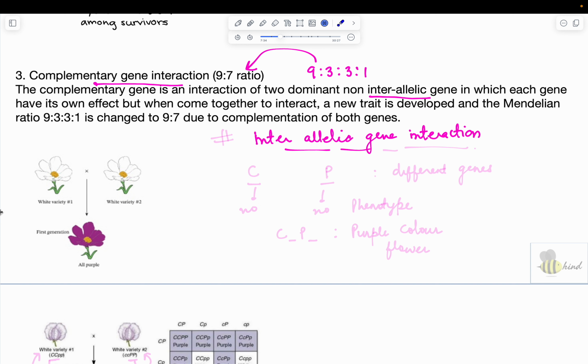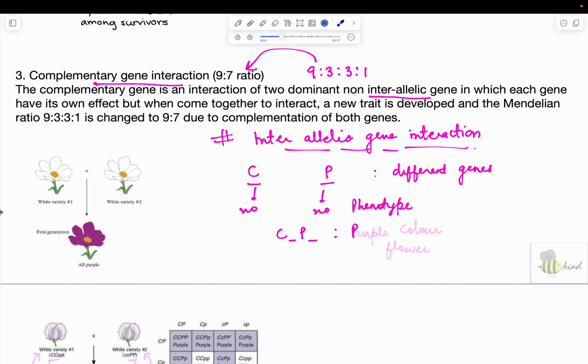In complementary gene interaction, there are two dominant alleles, allele C and allele P, which are non-allelic. Individually, they do not show any phenotype; they produce white color flowers. But when these two non-allelic dominant alleles come together, they show a phenotype.